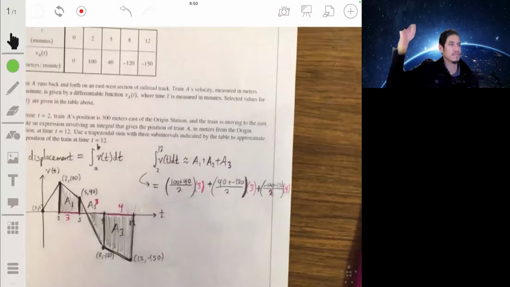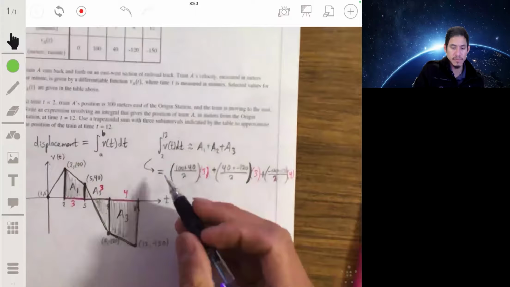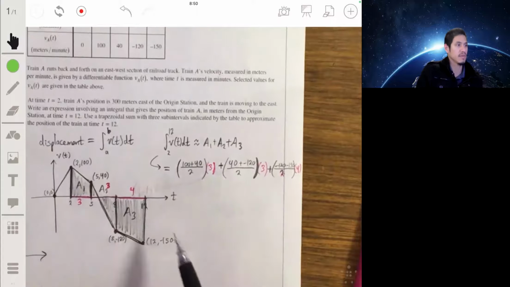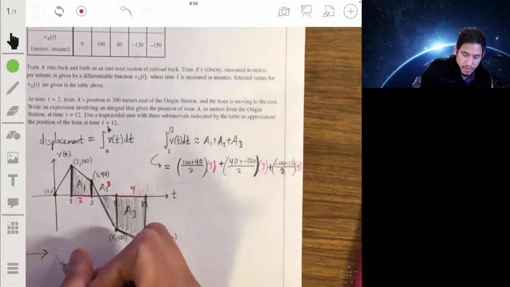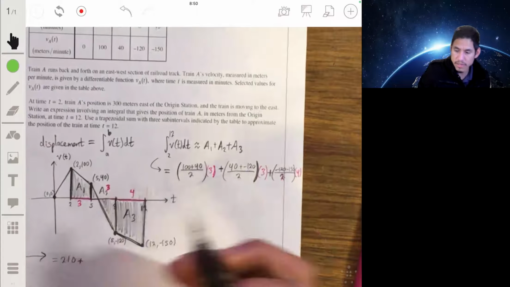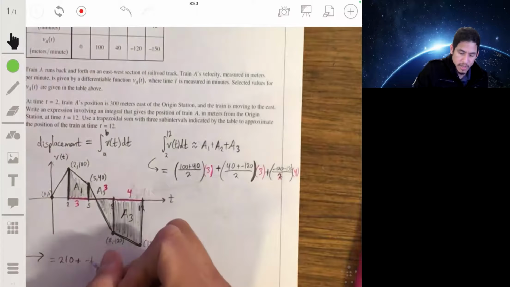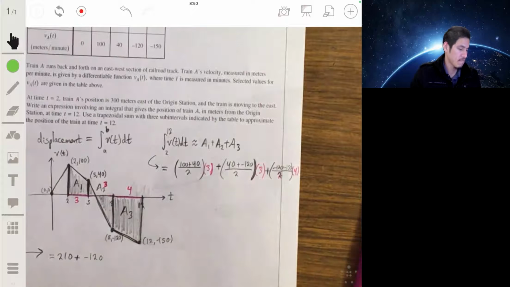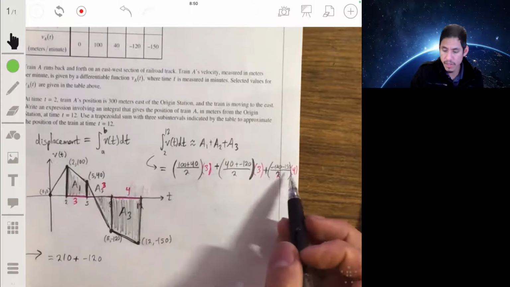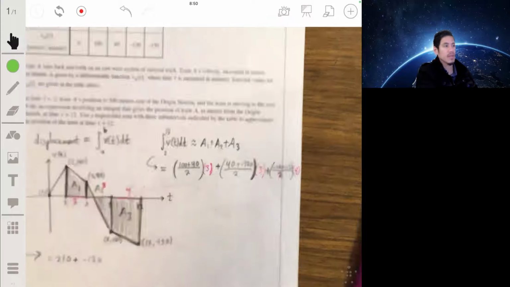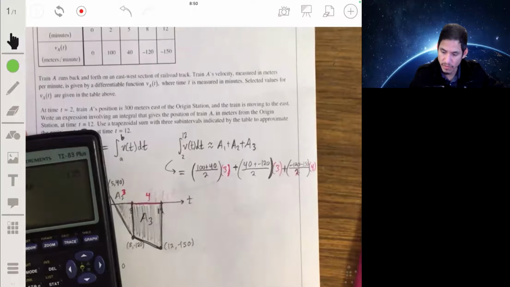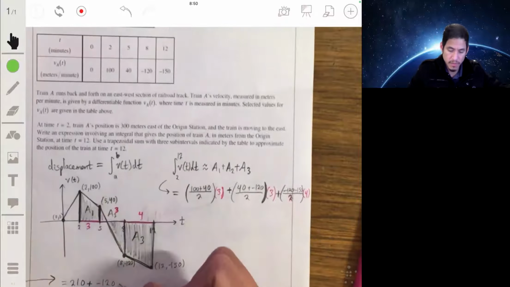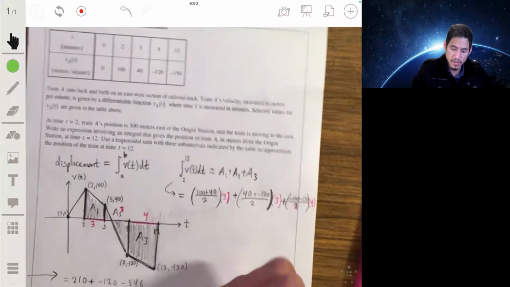And now let's make sure we don't screw up on our algebra. So I'm going to bring that expression over here, so we're not cramming it. 100 plus 40 divided by 2 is 70, times 3, so we get 210, plus negative 120, plus negative 270 divided by 2 times 4, so minus 540.